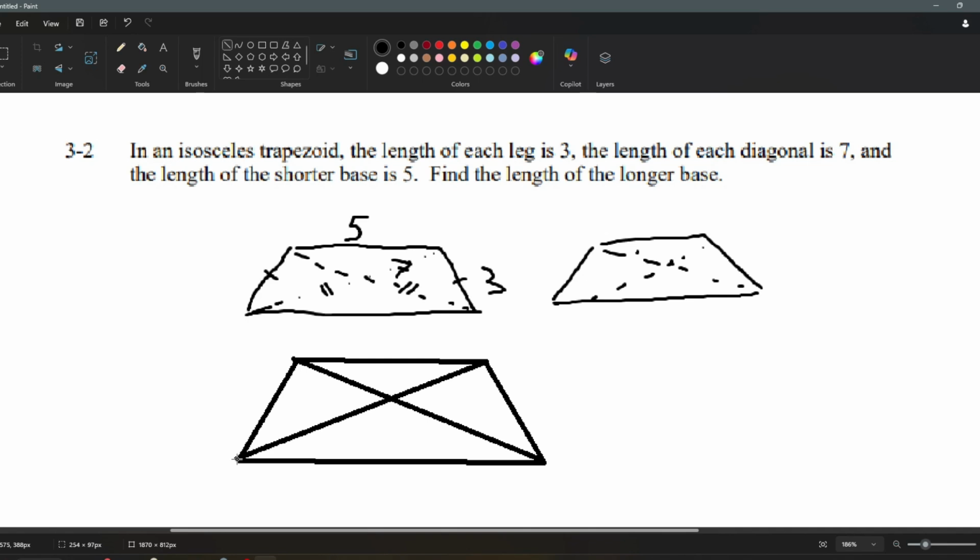So what do we know about these two lines? Well, we know that this is equal to this is equal to this, and this is equal to this. We also know that this is equal to this is equal to this. This is its own thing, but it's also equal to that since it's vertical angles, right? What else do we know?